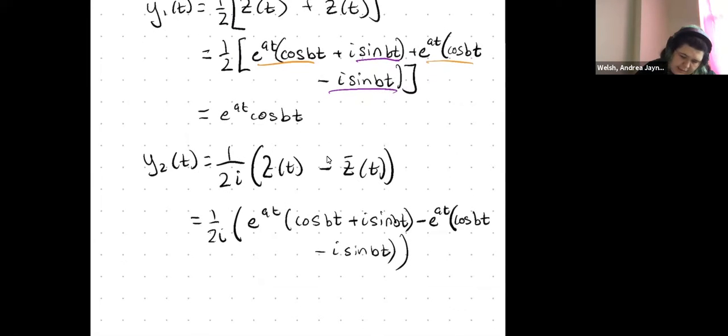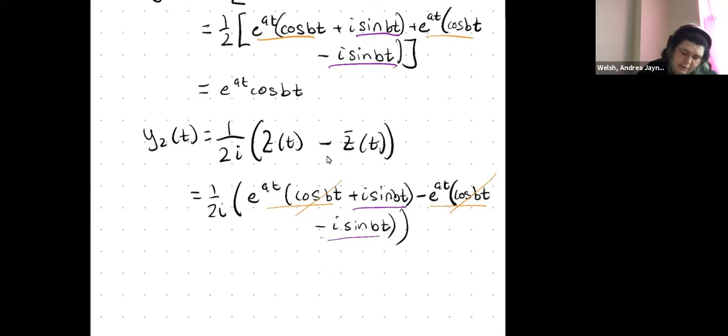So we can see that there's going to be a positive cosine and a negative cosine, so they're going to cancel, and then we get a positive i sine bt, and this negative are going to make this positive i sine bt. So we end up getting 2i over 2i, which will cancel, and we will get e to the at sine bt.